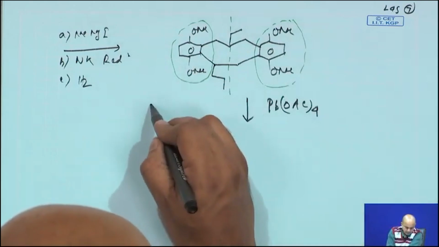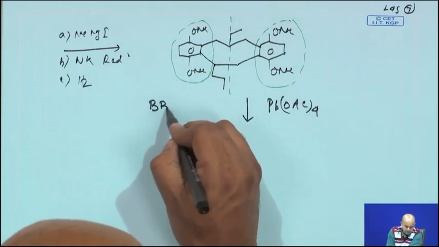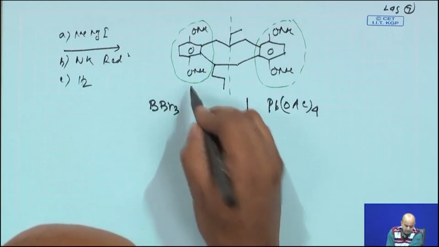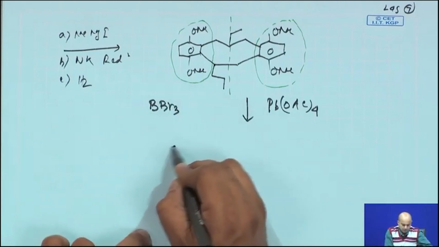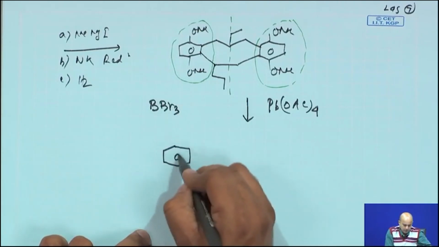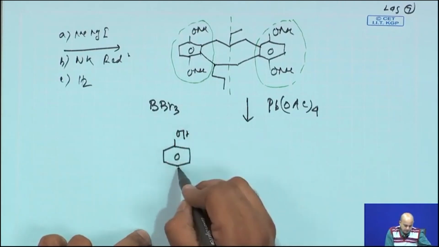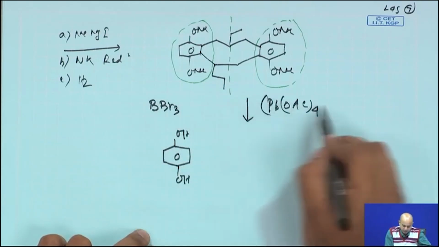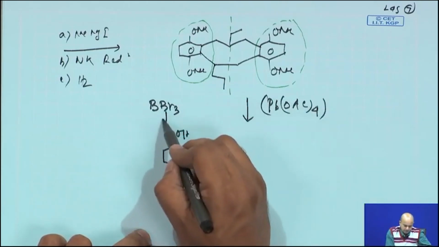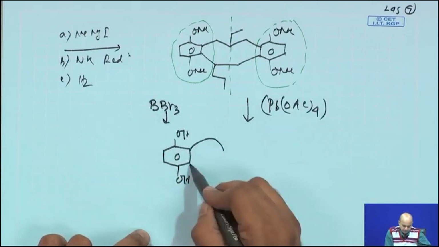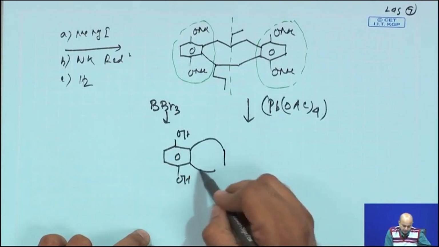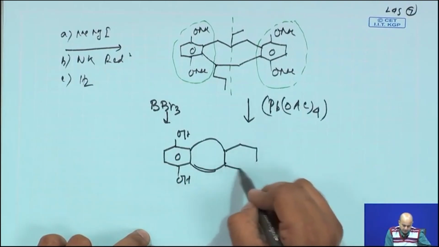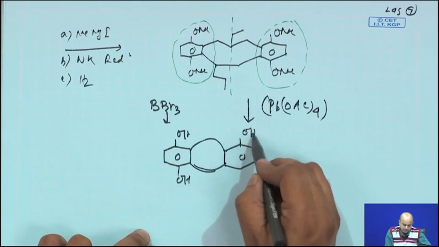First, probably initially you do a BBr3 mediated demethylation of both aromatic rings. So, you will have OH first, which we will use a little bit later on. So, BBr3 first demethylates, and then you write this OH and OH.